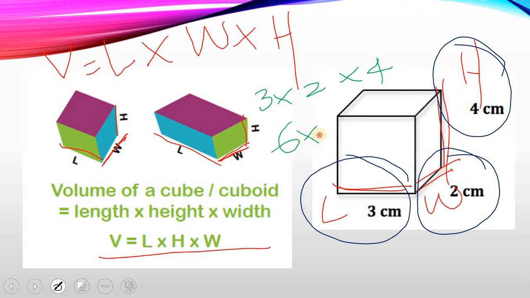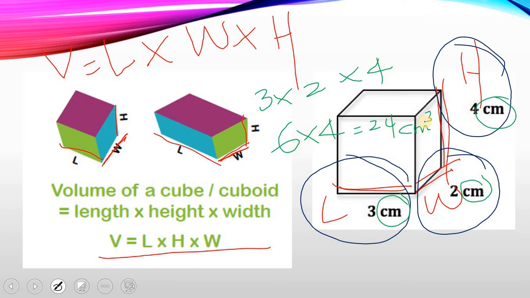So 6 darab dengan 4 jawapan dia adalah 24. And kita tahu 1, 2, 3, so cm 3 jawapan dia. Okay, so itulah jawapan dia 24 cm kuasa 3.